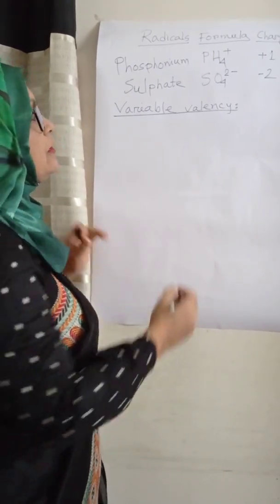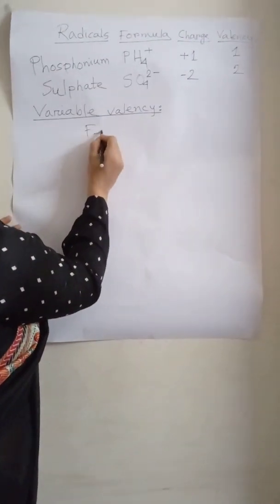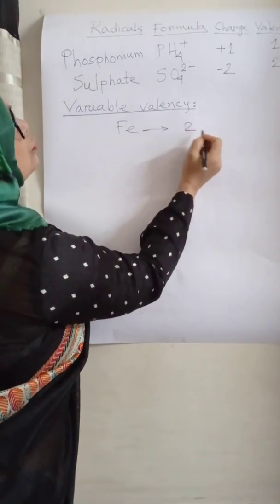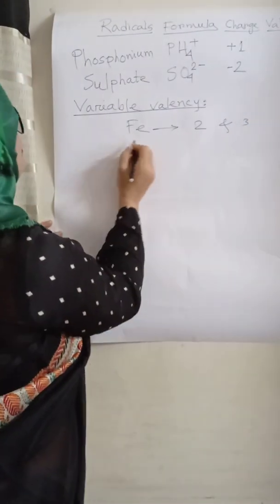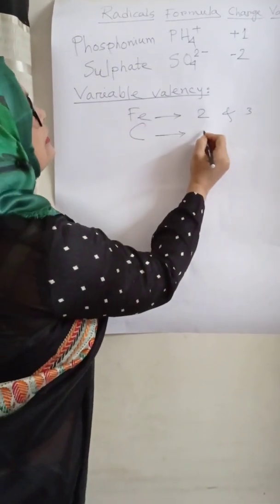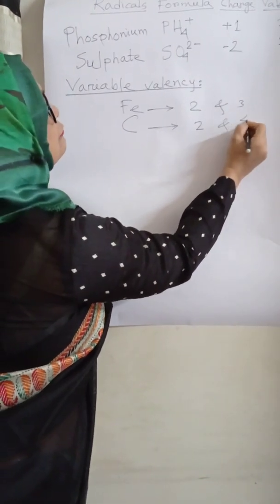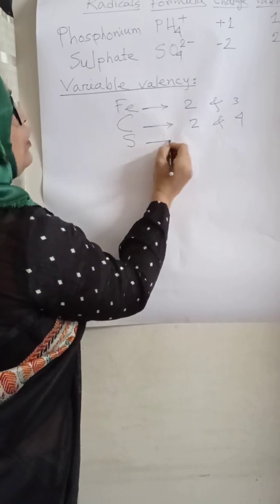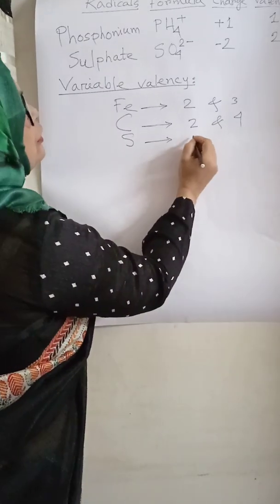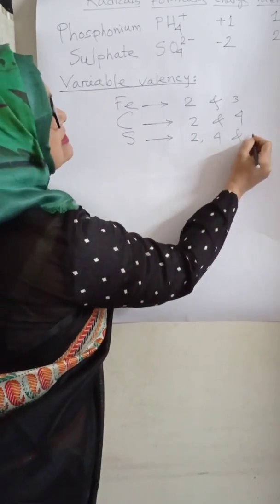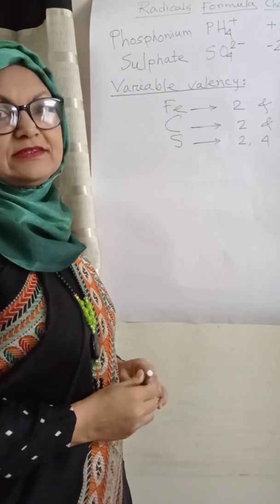For example, iron, Fe, has 2 variable valencies, 2 and 3. Carbon has 2 variable valencies, 2 and 4. And sulfur also has variable valency, 2, 4 and 6. That means it has 3 variable valencies.